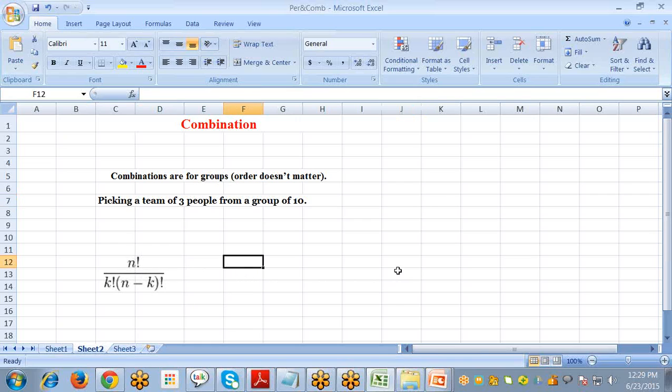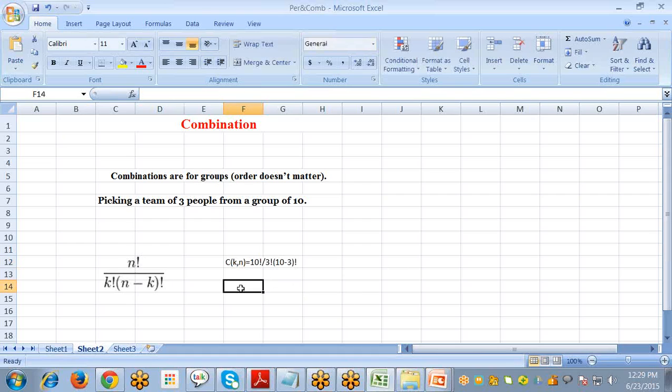How can we write it? Combination for k, n will be written like this: factorial of n, that means factorial of 10, divided by factorial of k, that means 3 factorial, and bracket 10 minus 3 factorial.